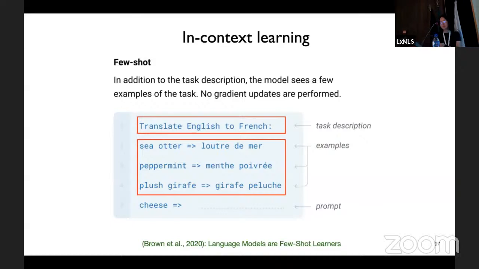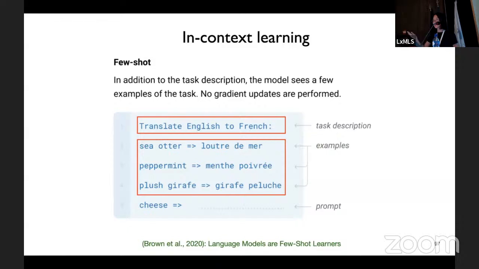You just put three example pairs, and then you put the English word cheese, and you expect the model to do the magic and directly generate the French translation of the word cheese. This is the idea of in-context learning. You just need a few demonstration examples that you put in, and the model can learn from these demonstrations and perform the task.